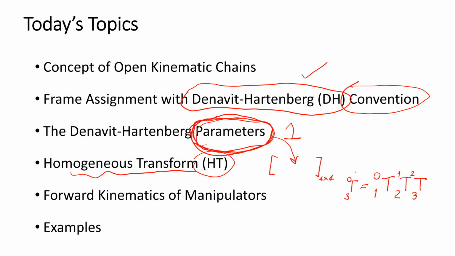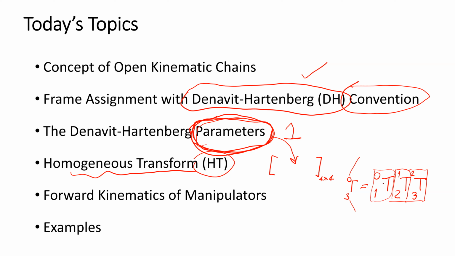For example, if the robot has the global frame 0 and has the frame on link 3 as frame 3, we obtain the homogeneous transform of link 1 with respect to the global frame 0, the homogeneous transform of link 2 with respect to link 1, and the homogeneous transform of the final link with respect to link 2.